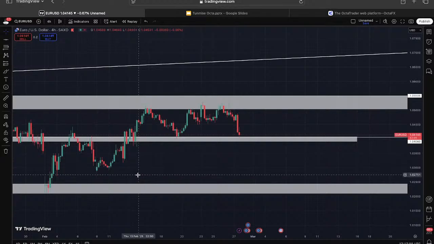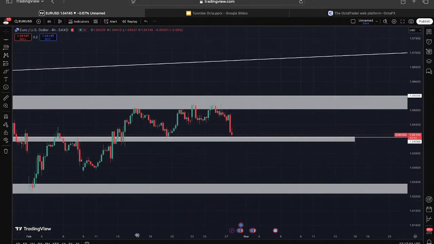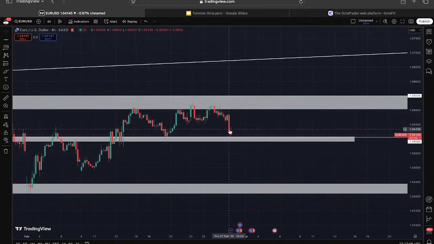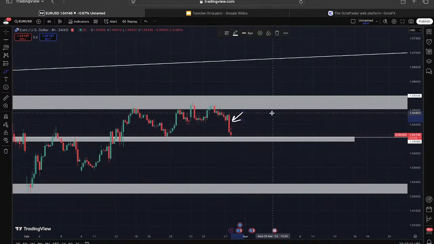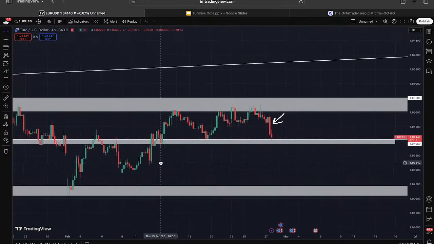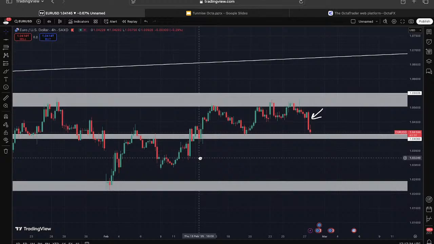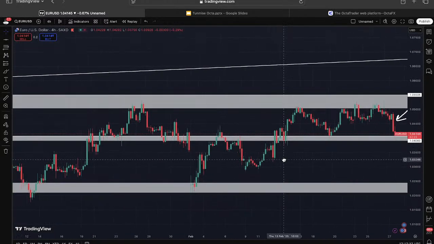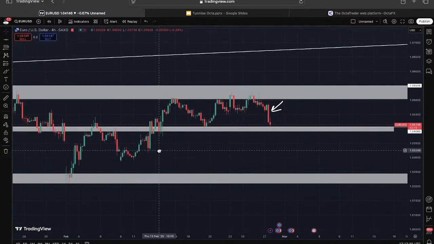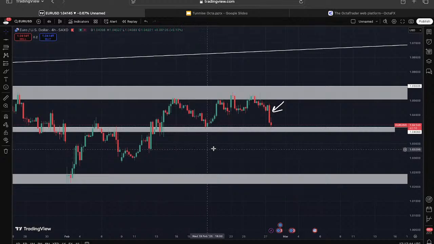Now, if you observe the second to the last candle in the last 4 hours, which is this candle, if you observe clearly, you see that the candle is a fully bodied bearish candle, showing that there is presently a huge sell pressure coming in on the 4 hours time frame.